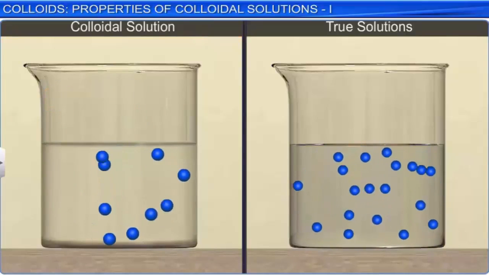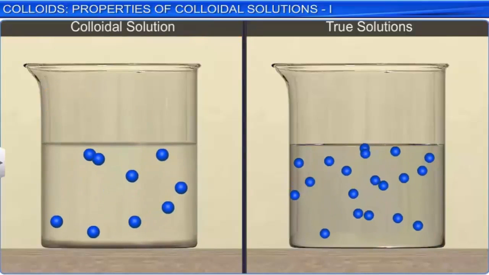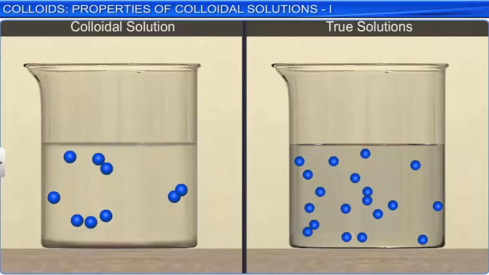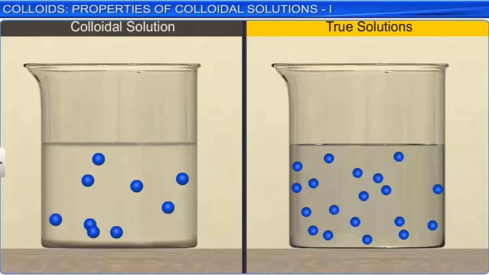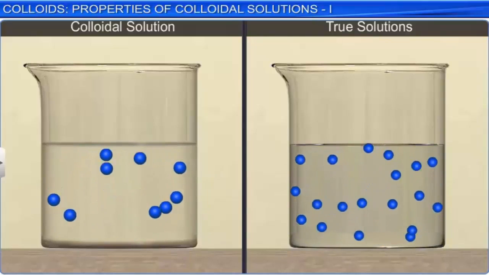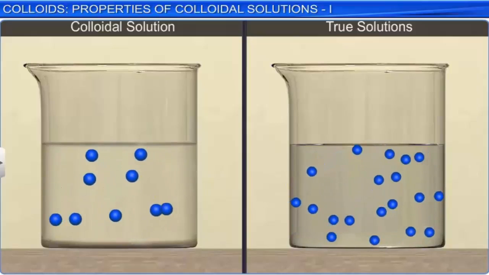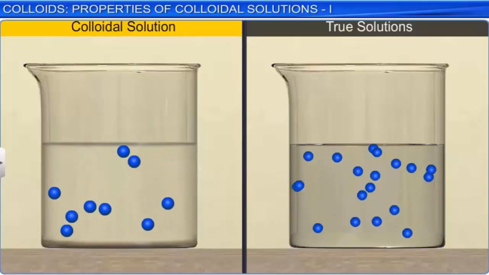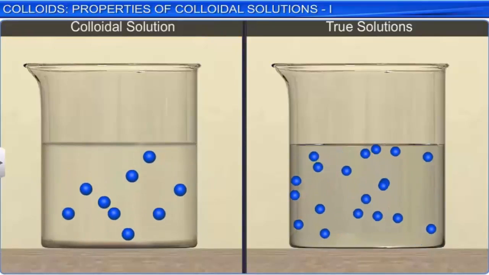Therefore, the number of particles in a colloidal solution is small as compared to that of a true solution. Hence, at a given concentration, the value of any colligative property of a colloidal solution is of a small order as compared to the value shown by a true solution.